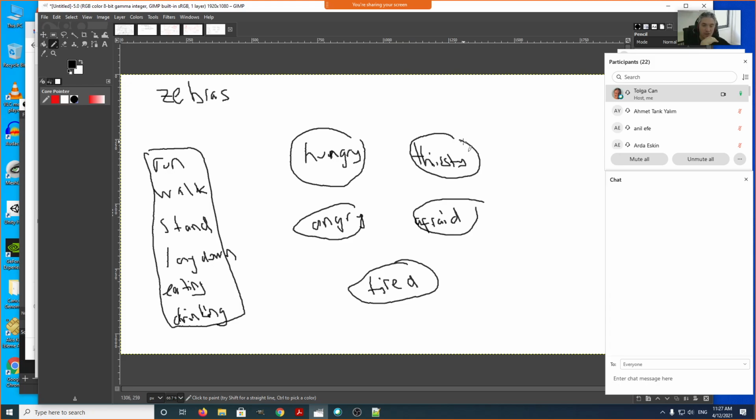For example, is it possible that a zebra is running when it's afraid? Yeah, most probably. But is it also possible that it's standing? Yeah, it may, but with a low probability, or maybe a zero probability. When it's thirsty, it may walk to find some water. So the probability of observing walking when it's thirsty may be non-zero.